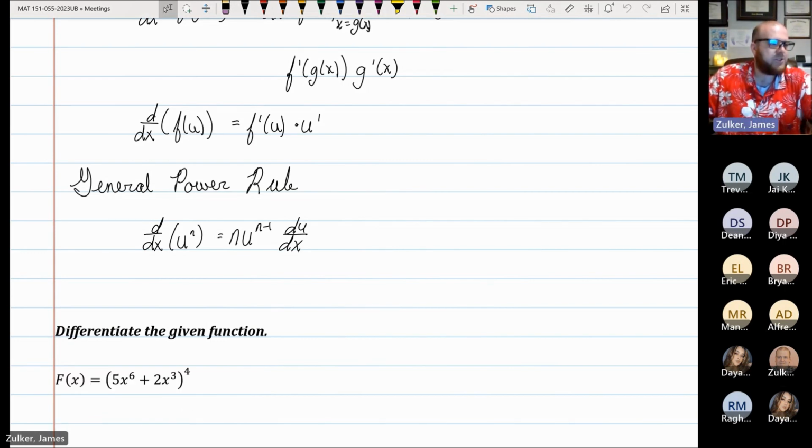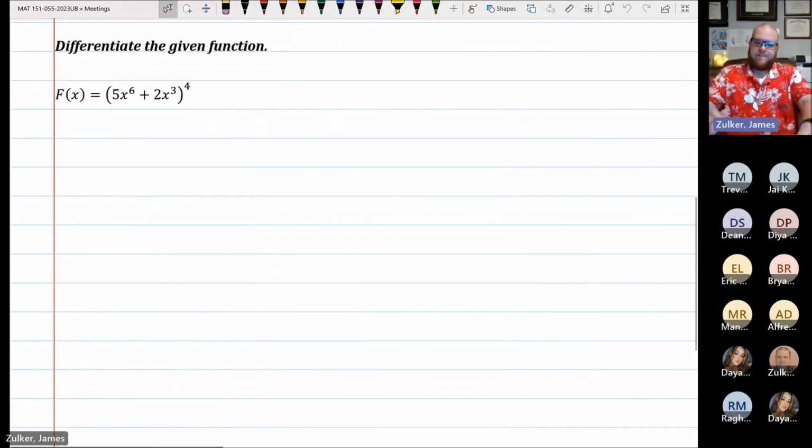Again, we're going to be given several functions that we want to find the derivative of. So the idea is we want to write this as a composition, or we want to do a change of variable.